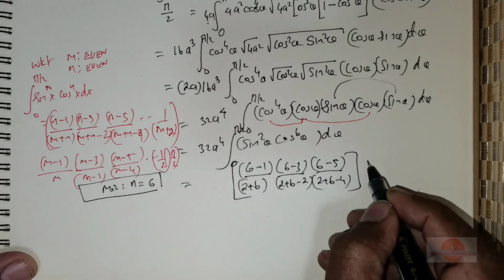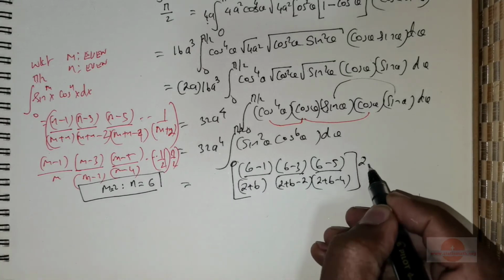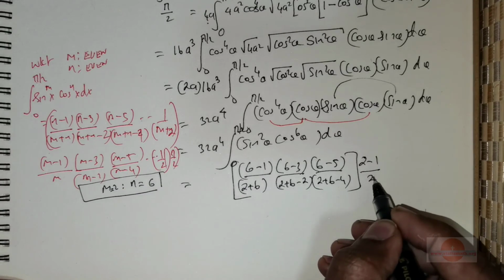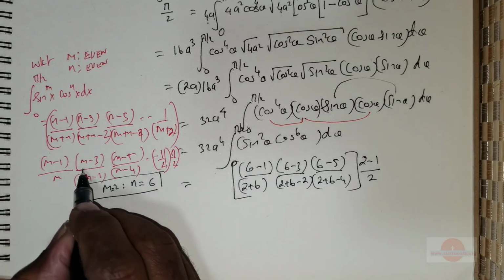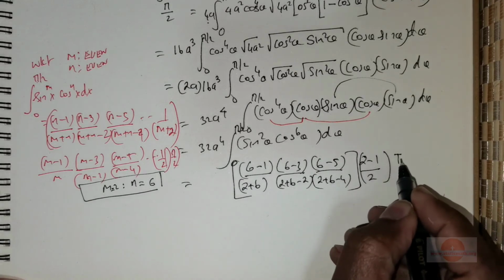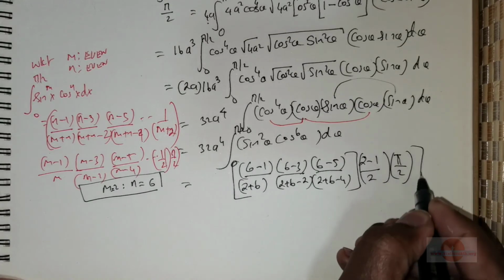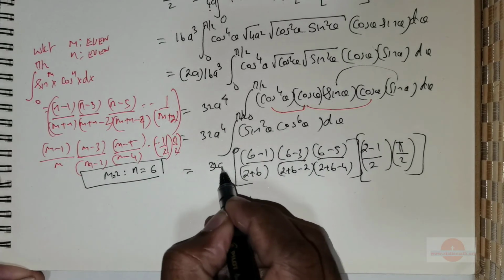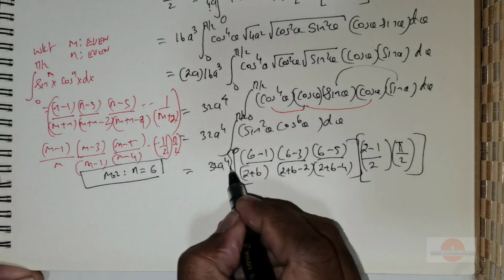Followed by m, which is going to be 2 minus 1 divided by 2. It has to stop because the next term is m minus 3, can't apply, and I have to end with pi over 2. Okay, so rewriting, that whole thing has to be multiplied with 32a power 4.